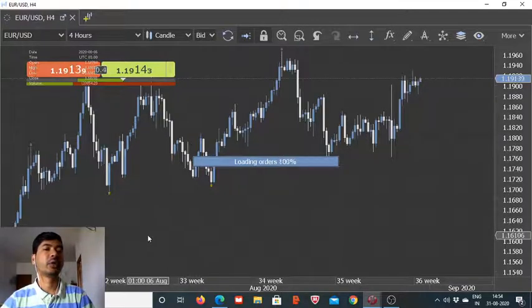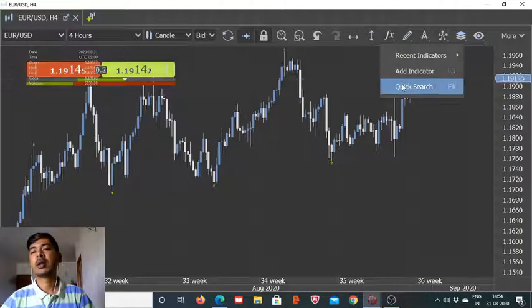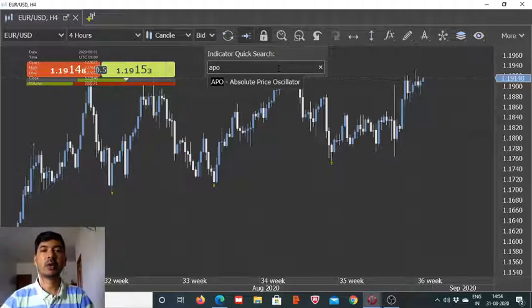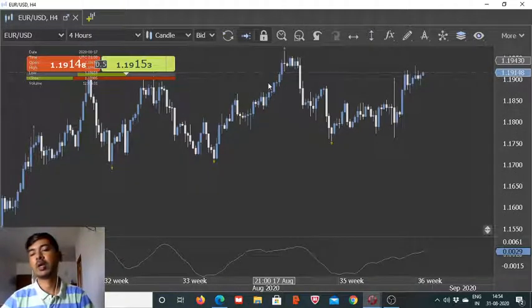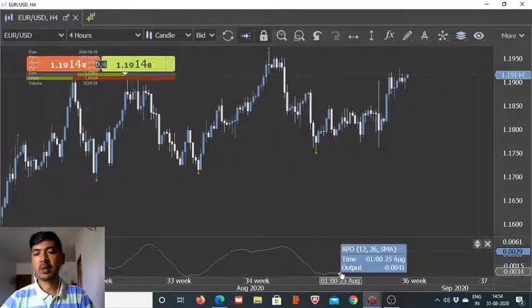This is a EUR/USD chart of 4 hours. We will add the indicator APO. All you have to do is quick search APO, and here we get this absolute price oscillator, and this is basically the difference between the 12 and 26 SMA. Here we have these three parameters defined, and as you can see, the values are given there.